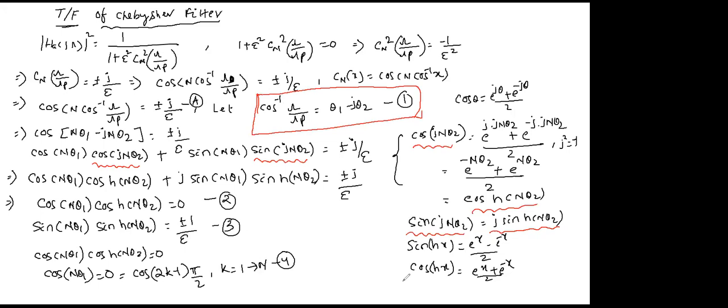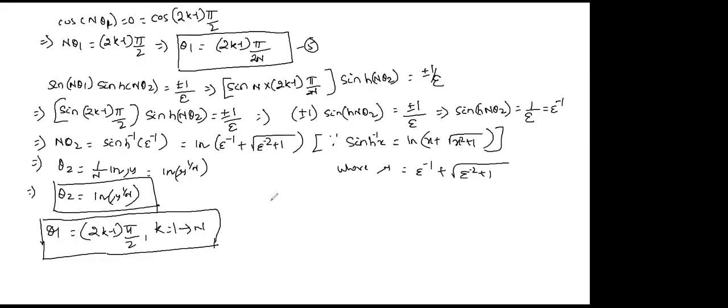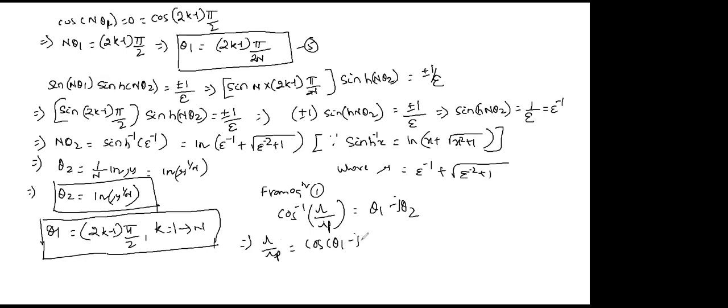Now, from equation 1, cos inverse omega by omega p equals to theta 1 minus j theta 2. Then what is omega by omega p? Omega by omega p equals to cos of theta 1 minus j theta 2.